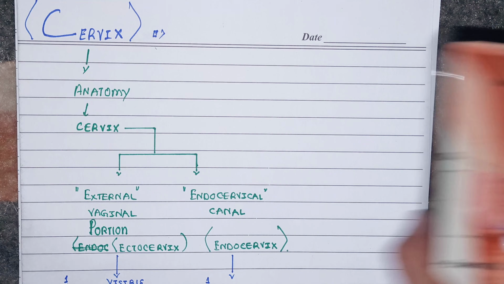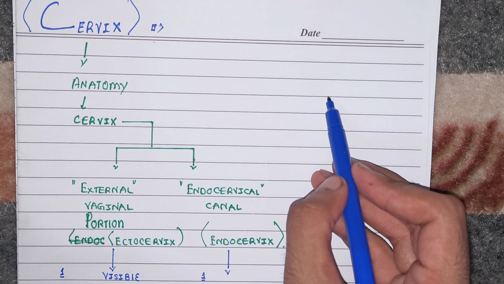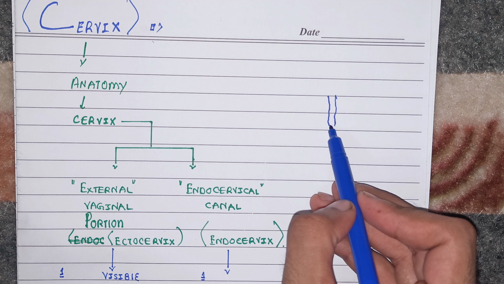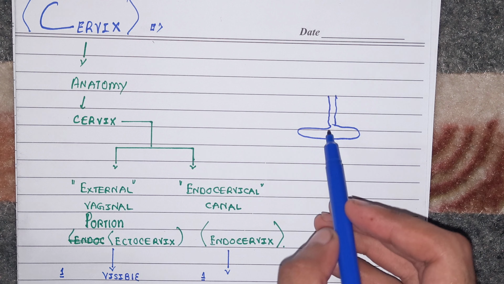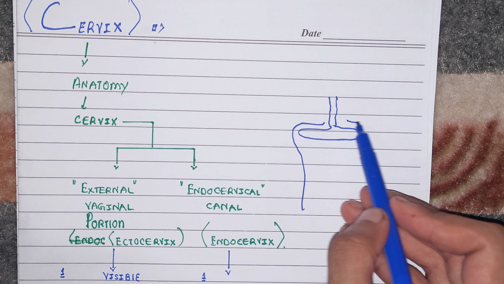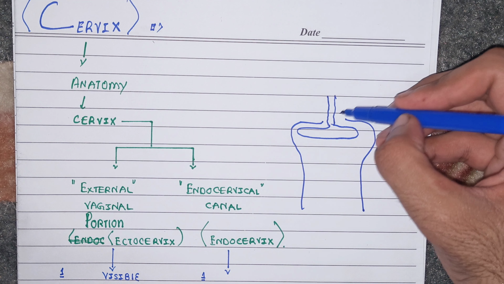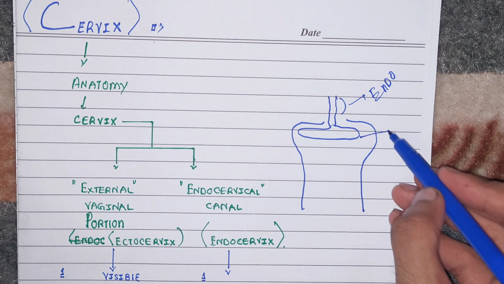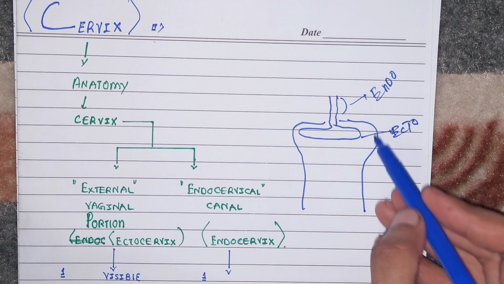And even I can draw the same thing here to have the better understanding. Then you can see beta, this is nice little part. You can see this part is endocervix and this part is ectocervix, and this ectocervix is down there in the vagina.